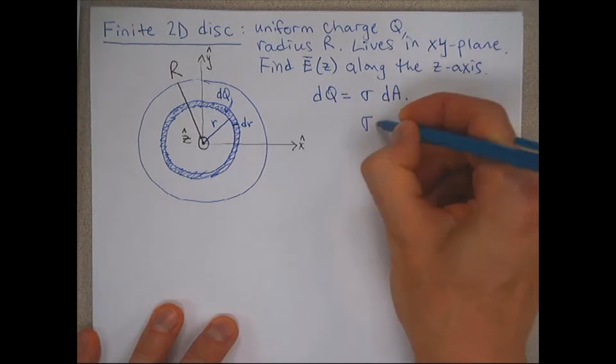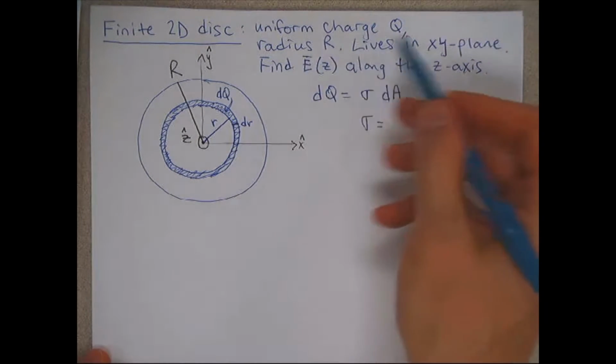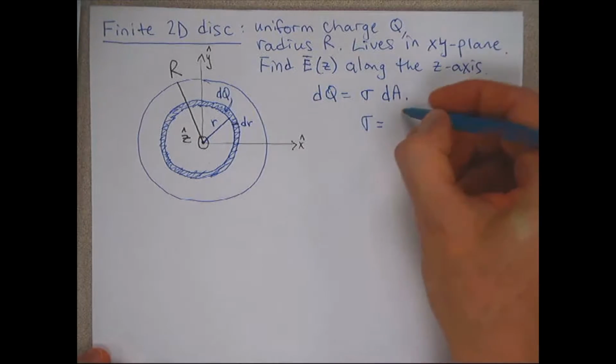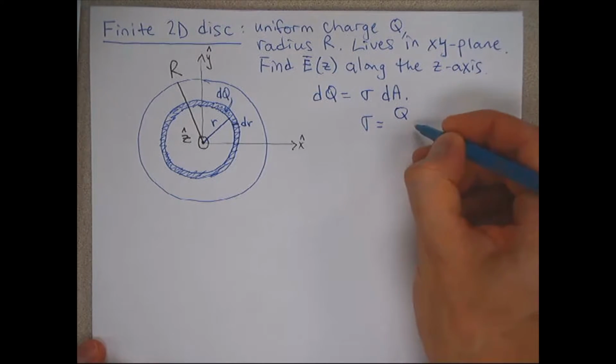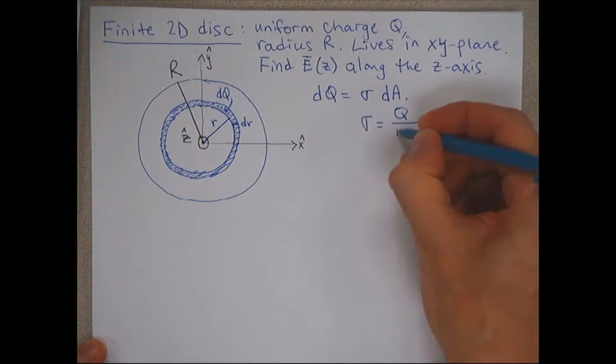Right? The sigma for a uniformly charged object with charge spread over a surface is just all the charge divided by all the area. In this case, the area of the disk is pi r squared.